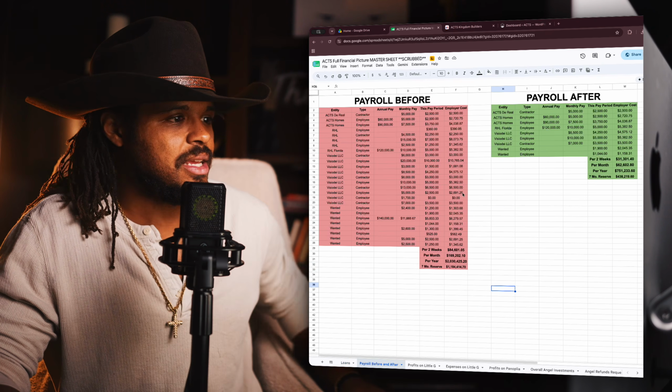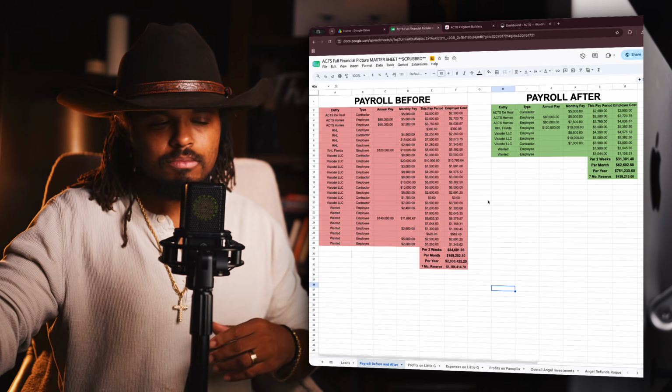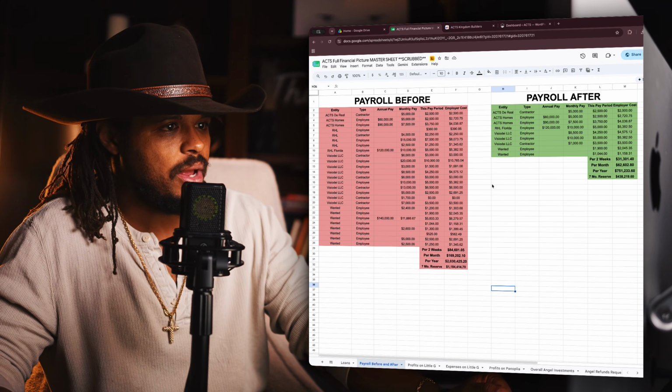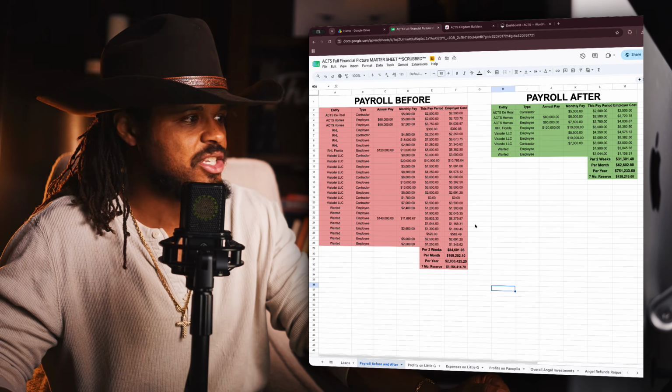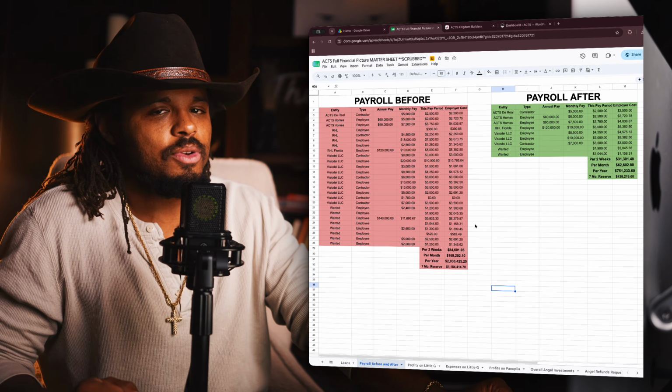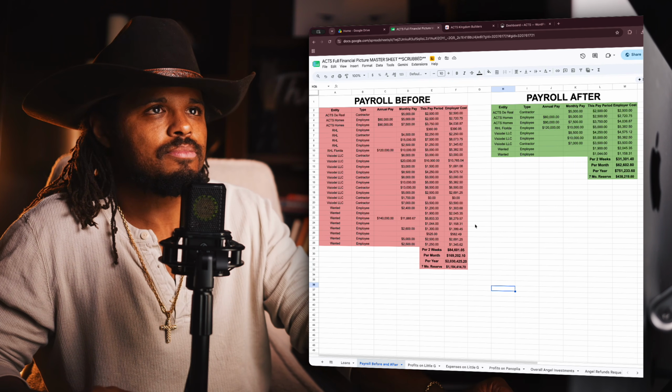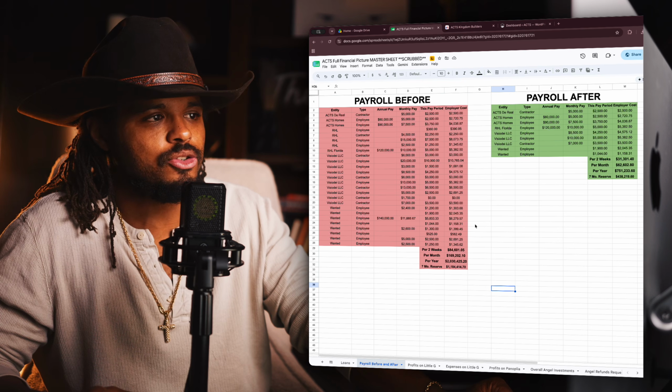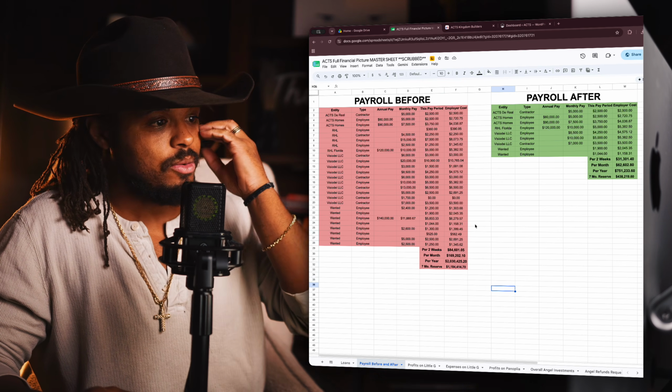Now, the next thing that really stands out to me is our payroll and the key strategic switch that we made. So in the last State of the Union address, I'd said, hey, we have to make a major restructuring. And we did.